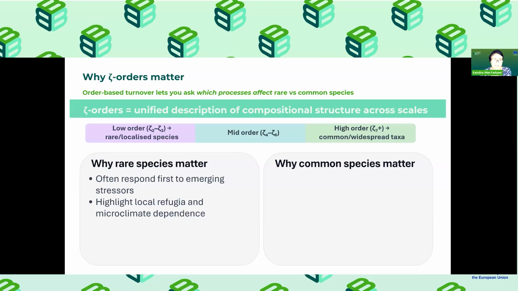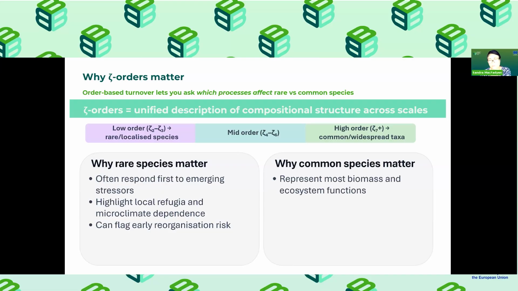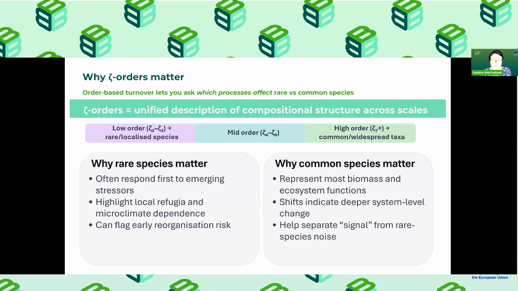They highlight these local refugia and microclimate dependence because they're very sensitive to these changes, and they can flag early reorganization risk. For the common species, they represent the most biomass and essentially the underlying ecosystem function. Shifts will then indicate a deeper system level change. And by separating these, we can help separate the signal from rare species noise.